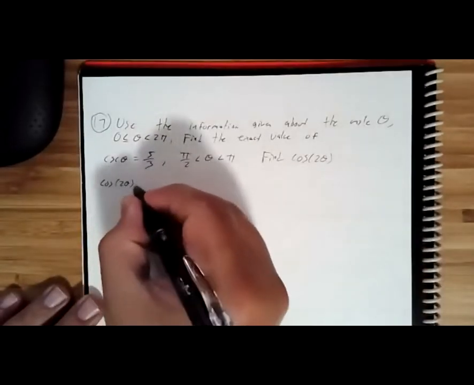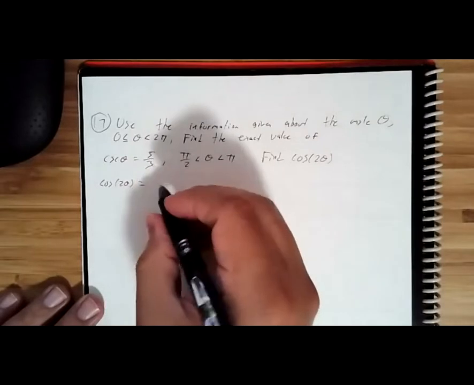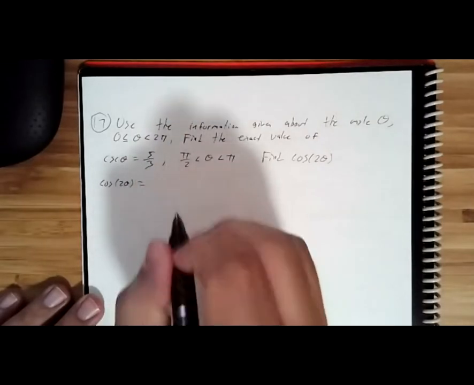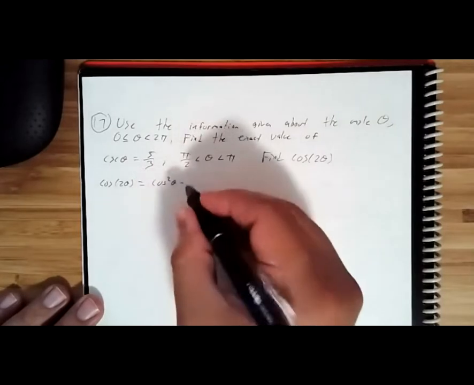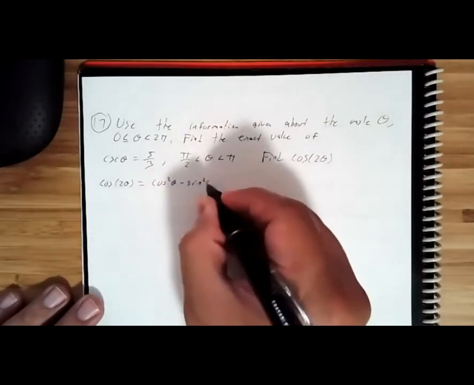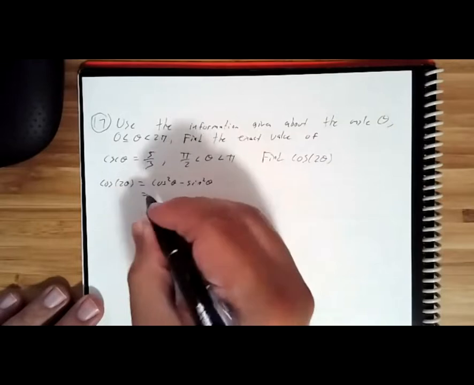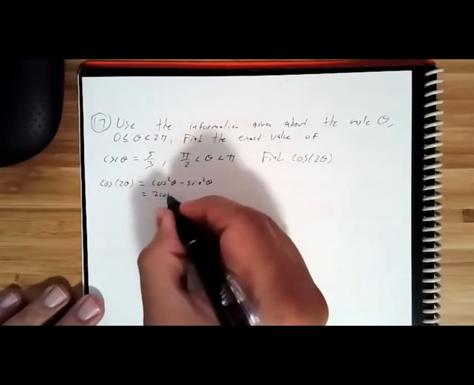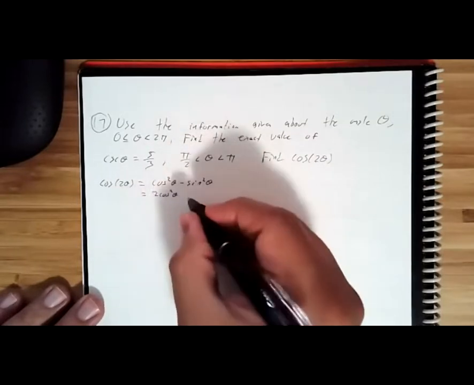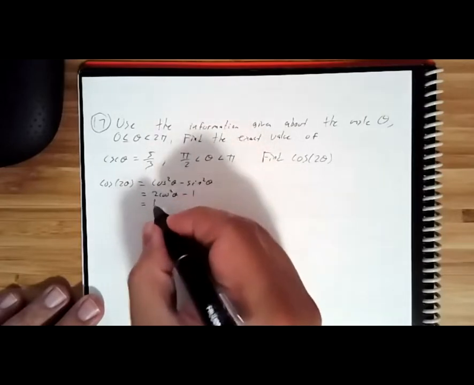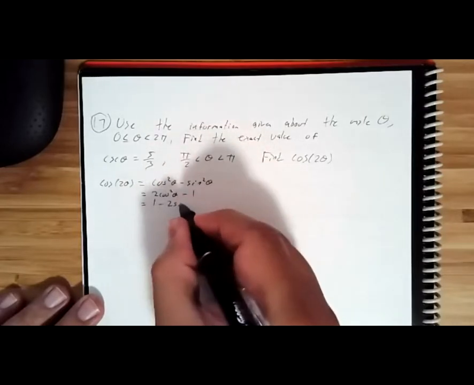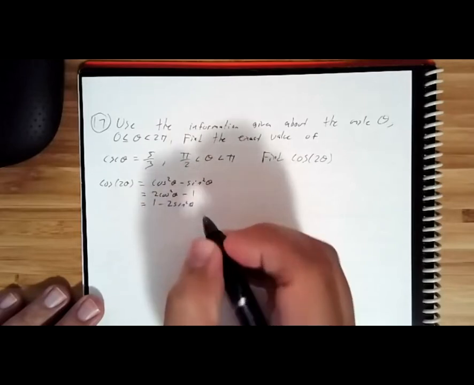Cosine 2 theta is equal to cosine squared theta minus sine squared theta, which is equal to 2 cosine squared theta minus 1, which is equal to 1 minus 2 sine squared theta.